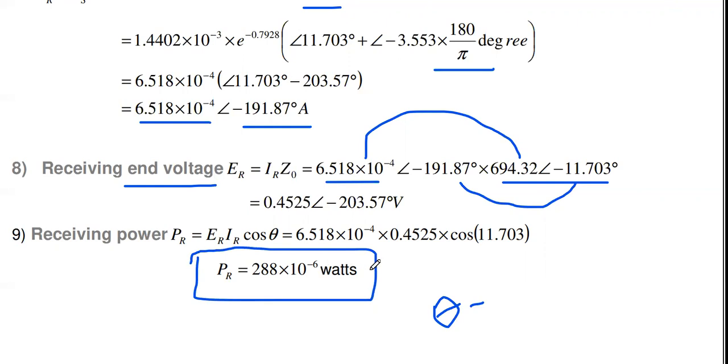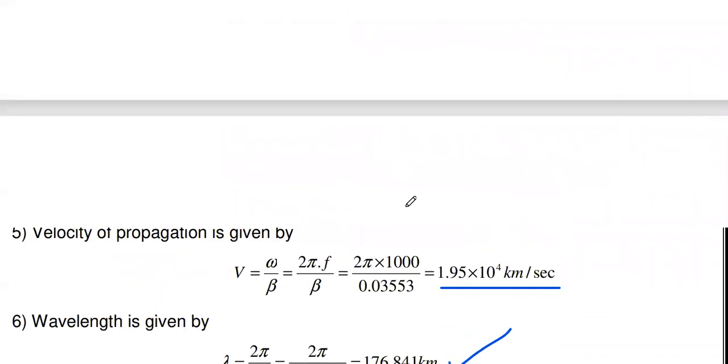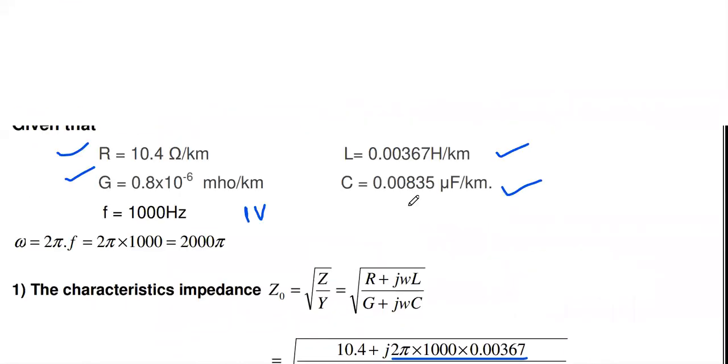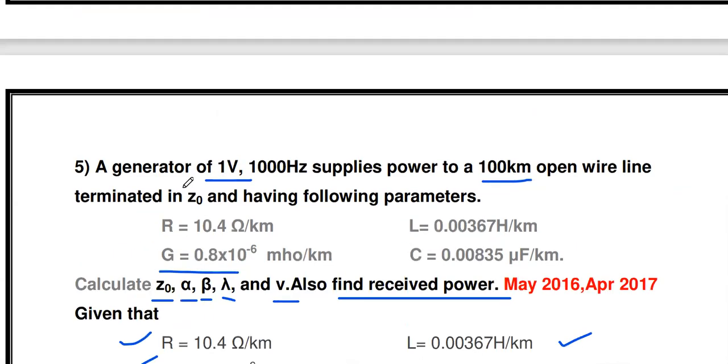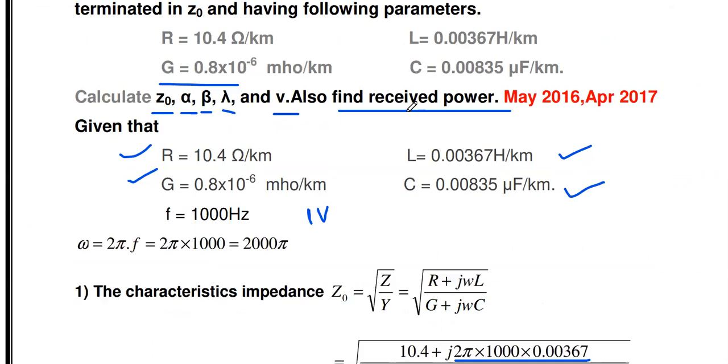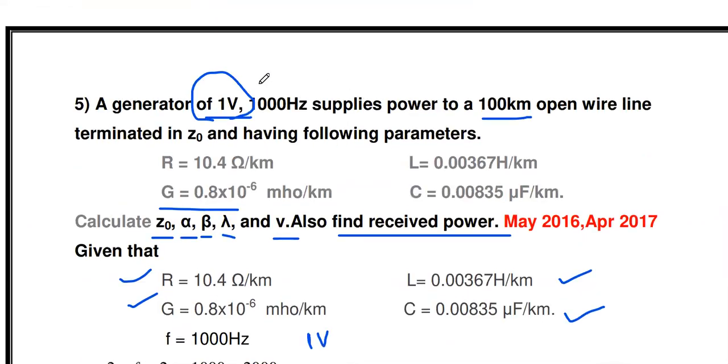So in the transmission line, at the sending end, we are giving the voltage of 1 volt. You see in our problem, a generator of 1 volt. 1 volt signal is transmitted from the sending end.